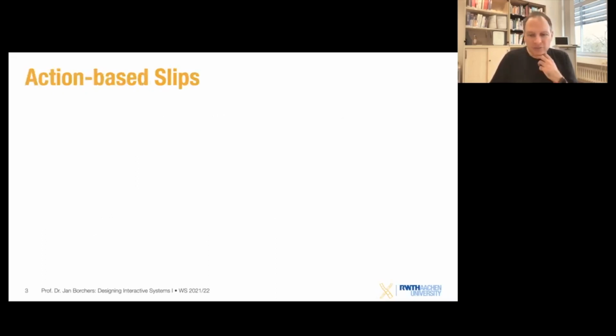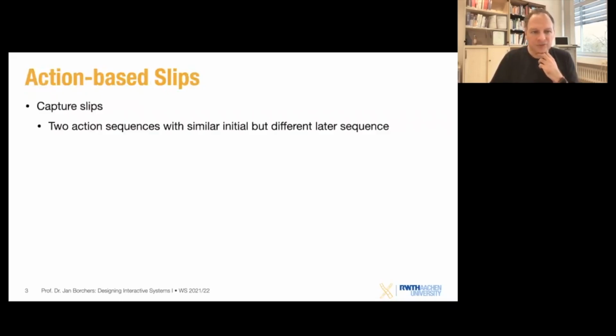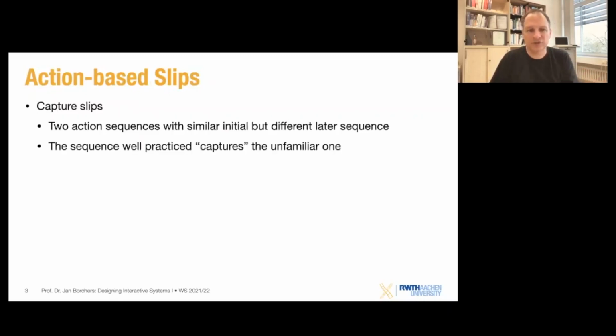Now, action-based slips, to look at them in a little bit more detail, could be capture slips: two action sequences that are similar in the beginning, but the later sequence differs. Typically you have a well-practiced routine and you start with the actions of that routine, but you really intend to do something else following.